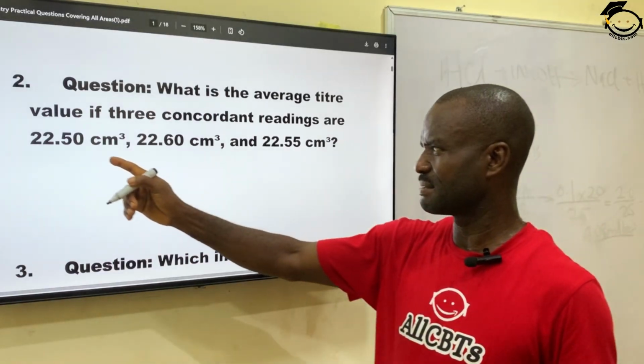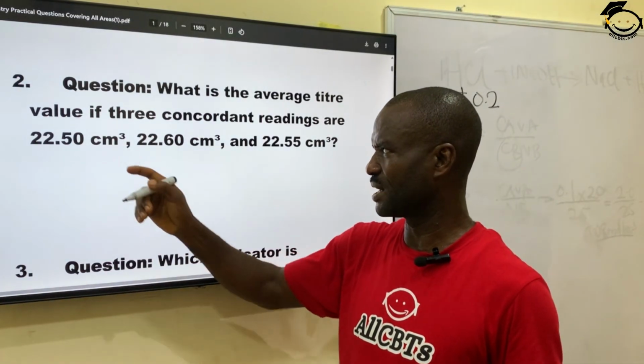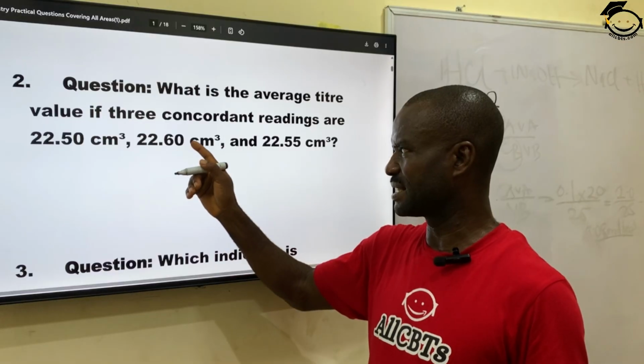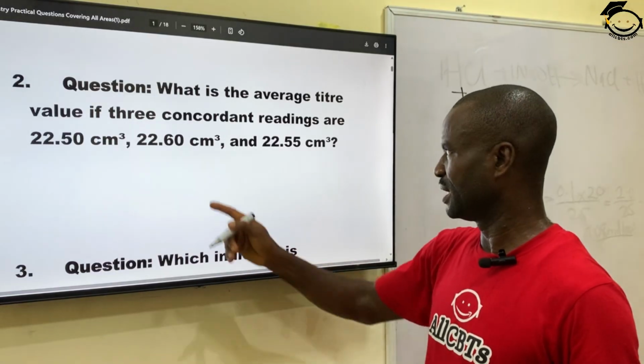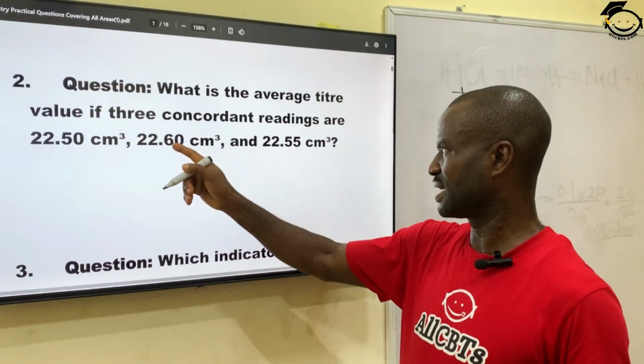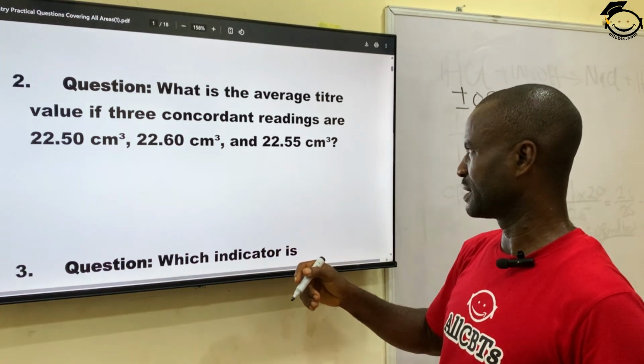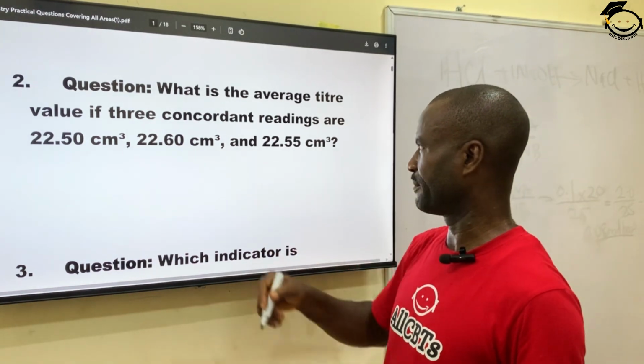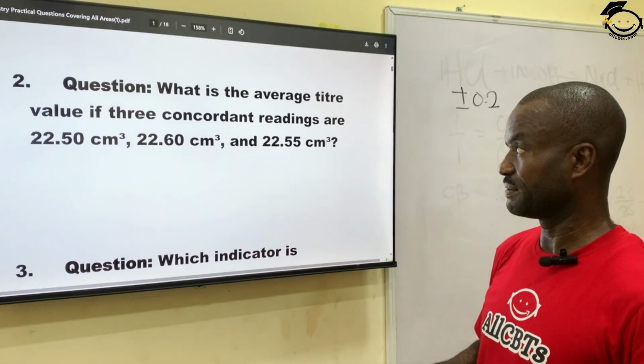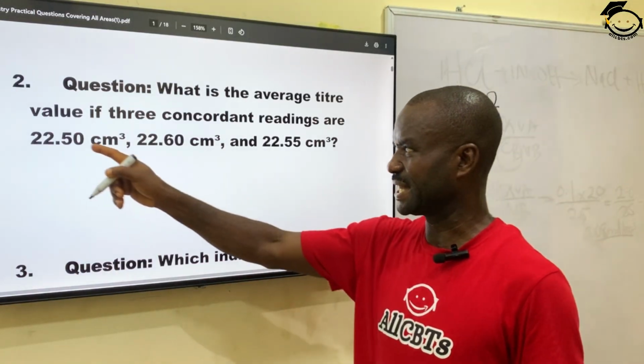If you look at this, 22.50 and 22.60, the difference is just 0.1. If you look at the difference between this and this, it is just 0.05. So you can average the 3.